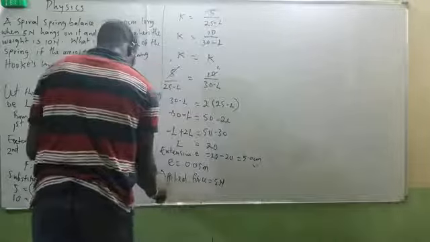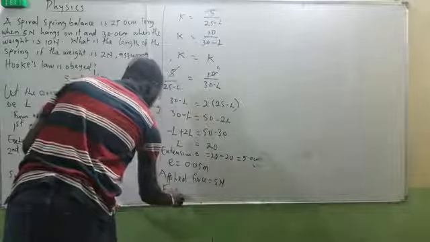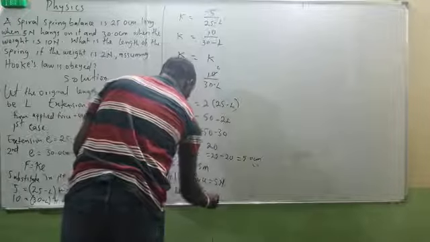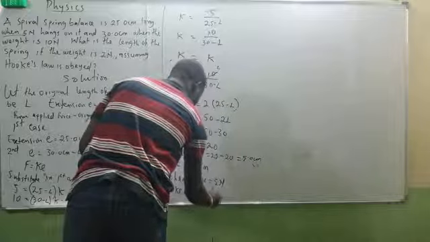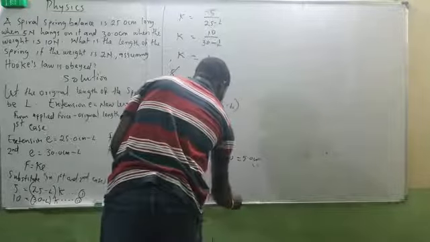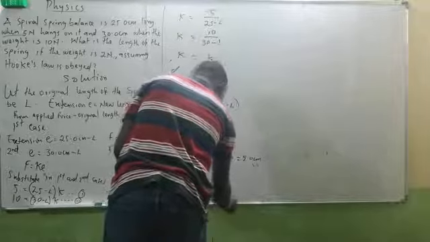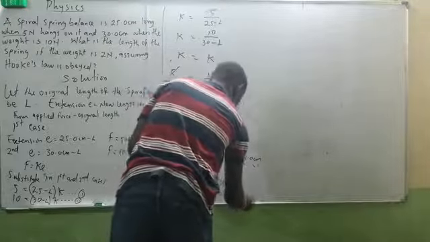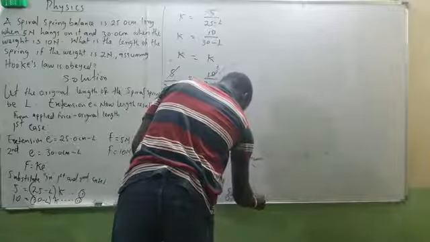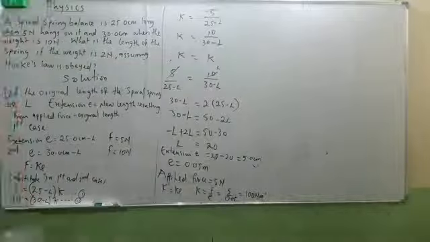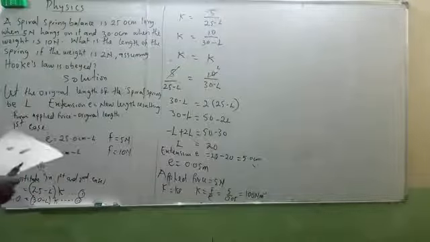It means I'll be having my F equals KE, and my K will be equal to F all over E, which is 5 all over 0.05, which will be equal to 100 Newton per meter. That is what we are going to be having.